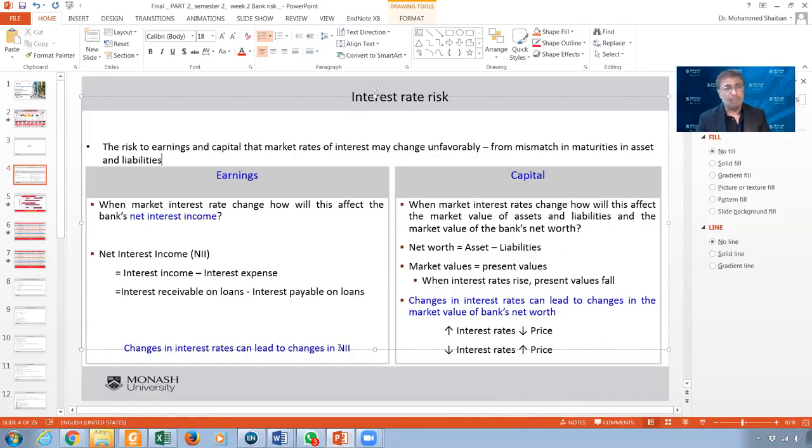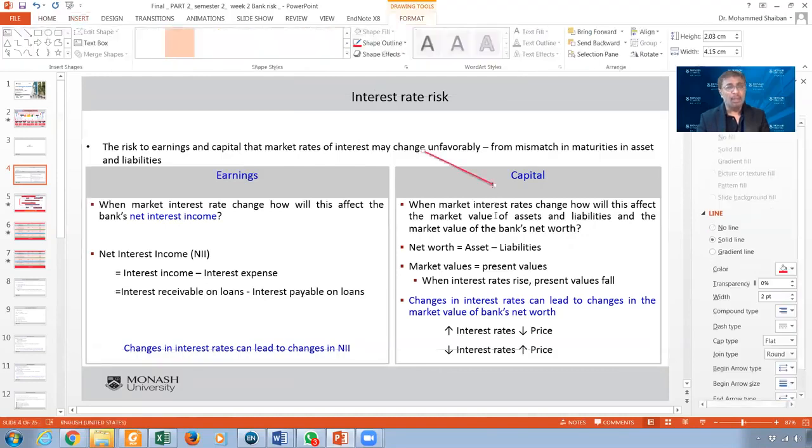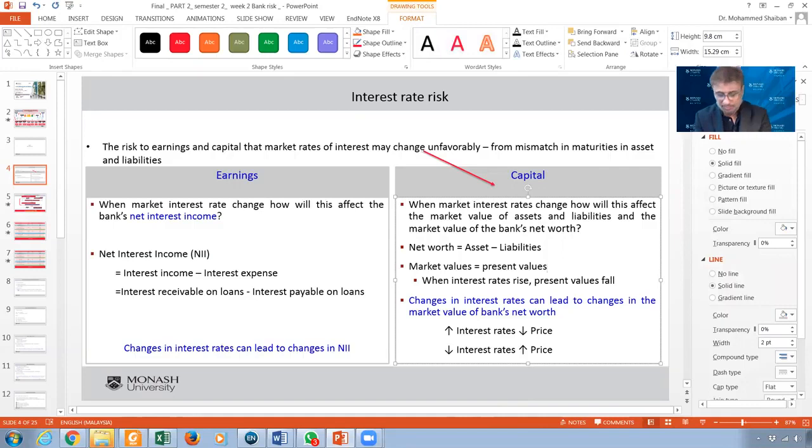Now, the impact on the capital should be very straightforward. Why? Because when we have investments, as I explained to you, say we have 100 million of bonds and other securities that give me fixed income, and the interest rate increases, directly my assets will drop. As I told you, the price of the asset is the cash flow over 1 plus i.